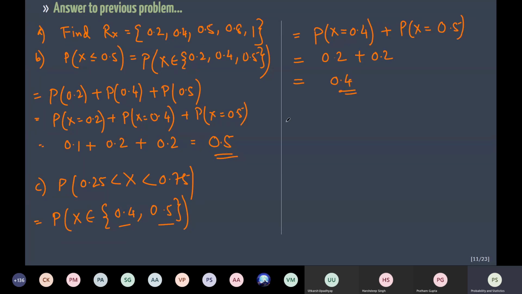Then the third question is to find the probability that x is 0.2 given that x is less than 0.6.